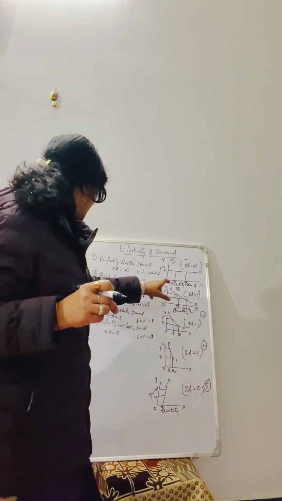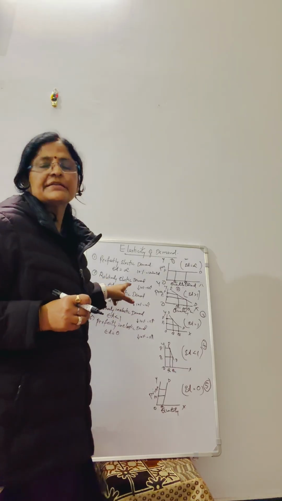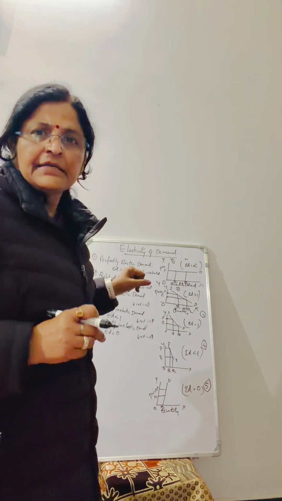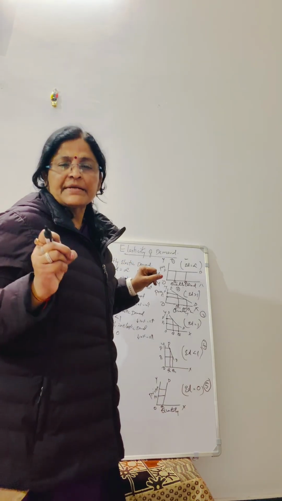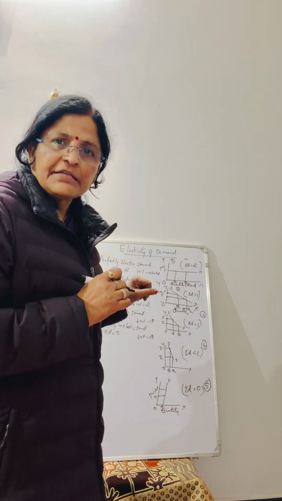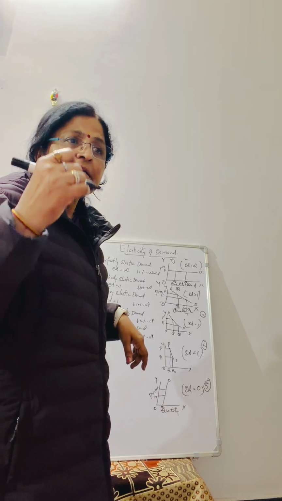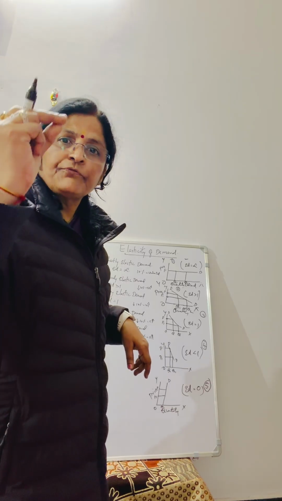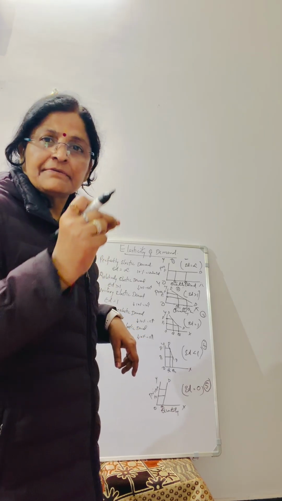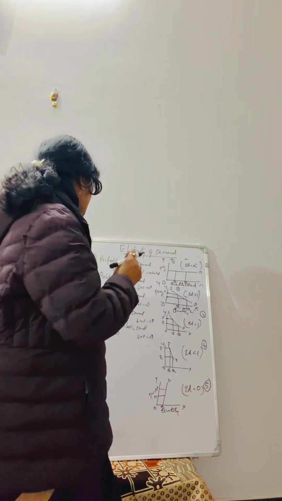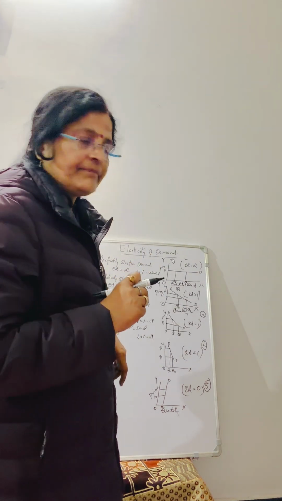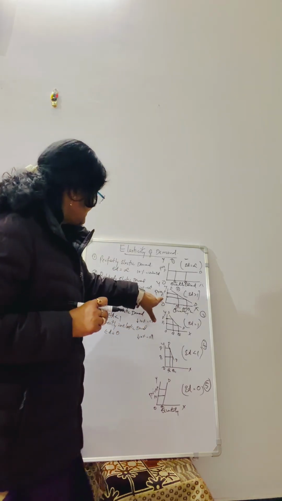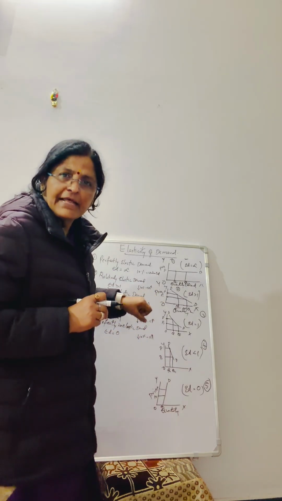Now coming to the second, that is relatively elastic demand. It refers to a 10% decrease in the price of the commodity leading to an increase in the quantity demanded of up to 50%. That we call in economics ED is equal to more than 1. Here it can also be explained with the help of a diagram.